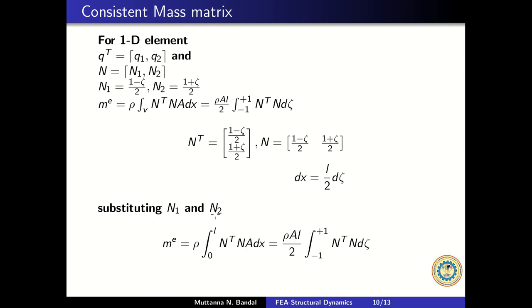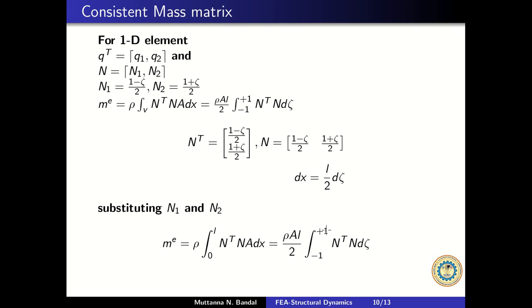Now substituting n1 and n2, we get the integral from 0 to L of rho n transpose n A dx equals rho A L by 2 times the integral from -1 to +1 of n transpose n d zeta. This is in a global, and this is in a local coordinate system.